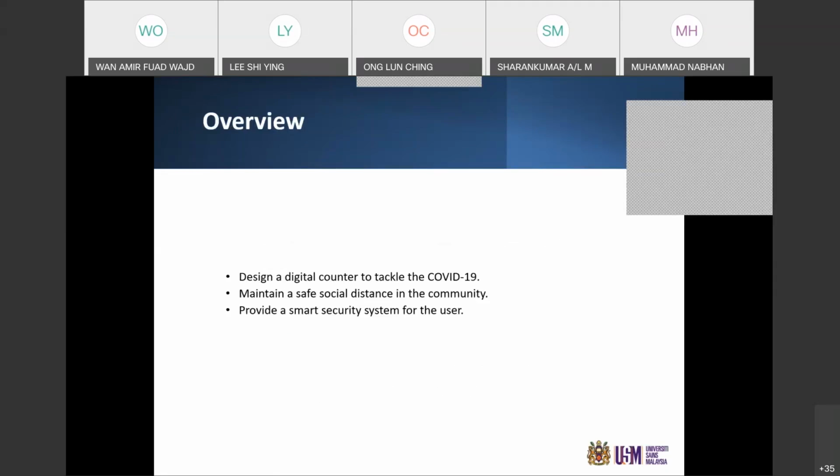So this digital counter is designed to maintain a safe social distance in the community. Besides that, this digital counter also provides a smart security system for the user by using an alarm system, which will be explained in more detail in another slide.